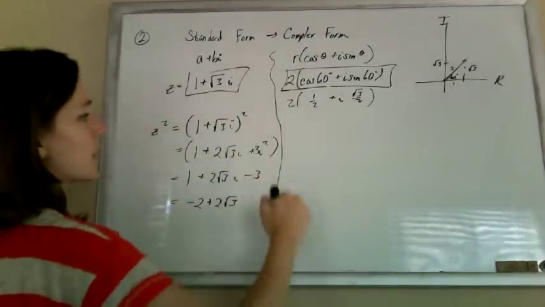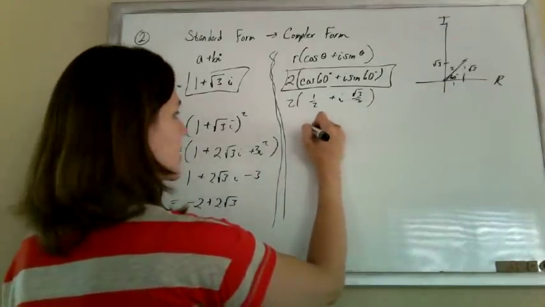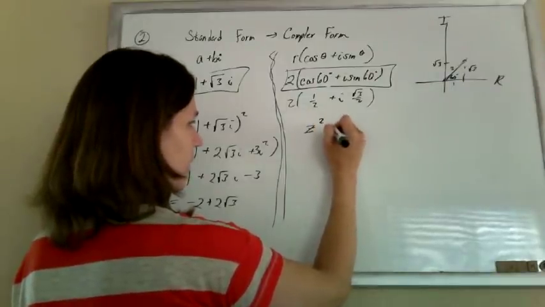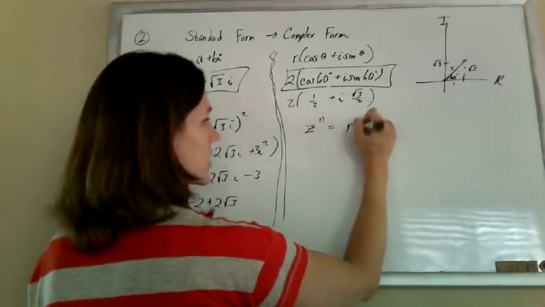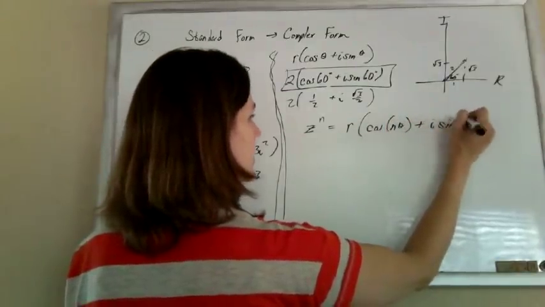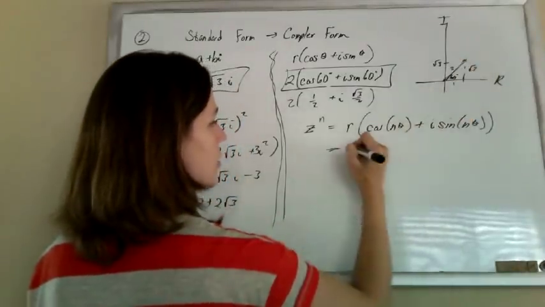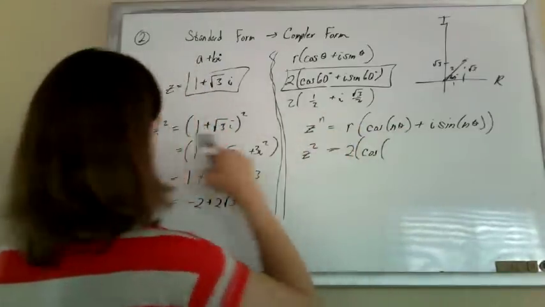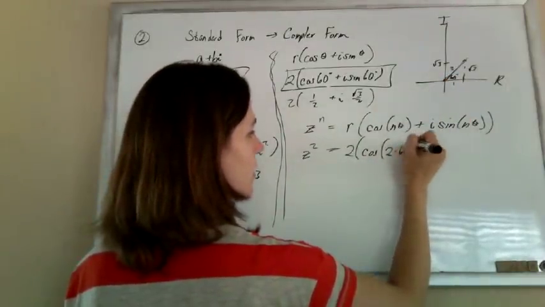Now, let's check that we get the same thing using that wacky formula I told you about. So this says that z to the nth power, remember my formula, should be r times the cosine of n theta plus i times the sine of n theta. So my r in this case, the radius, was 2, and n in this case, because I'm raising it to the second power, is 2, and my angle was 60 degrees.